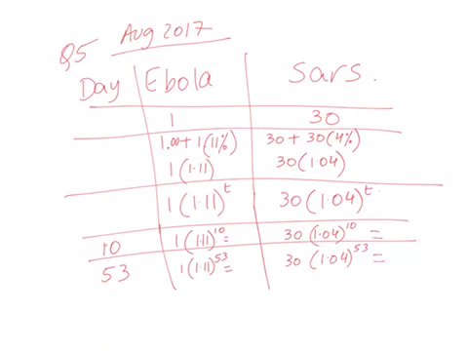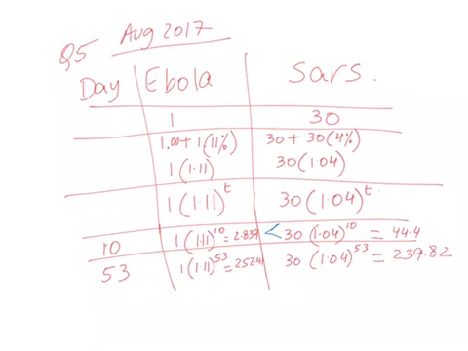So let's equate these. What do we get? So 1 times 1.11 to the power 10 is 2.839 approximately. And for 30 times 1.04 to the power 10 is 44.4. So this value for SARS is greater, right? So SARS is greater than Ebola. Now let's try it for 53. So if I solve for 53, I end up getting 252.41, and I end up getting 239.92.